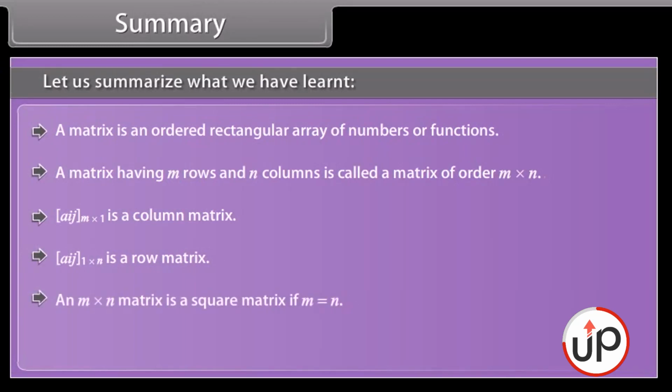An m by n matrix is a square matrix if m is equal to n. A is equal to A_ij of order m by m is a diagonal matrix if A_ij is equal to 0 when i is not equal to j.